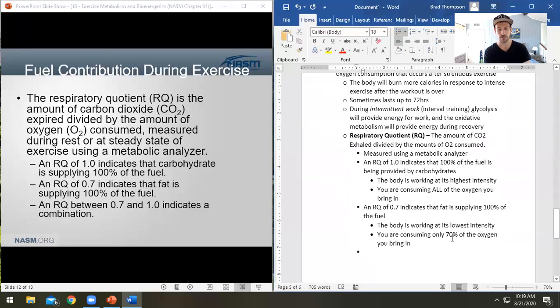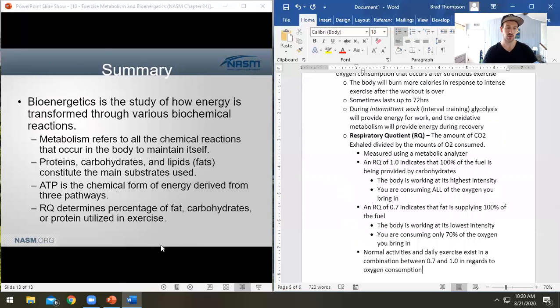So normal activities and daily exercise exist in a combination between 0.7 and 1.0 in regards to oxygen consumption. And so that's what we're going to see there.